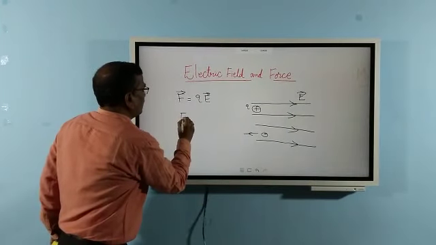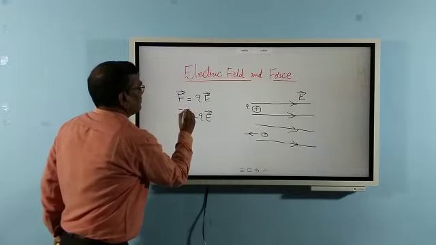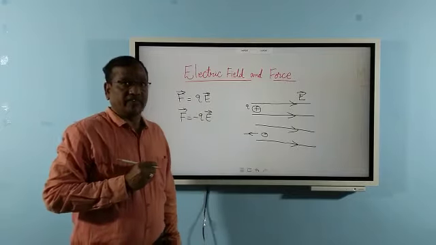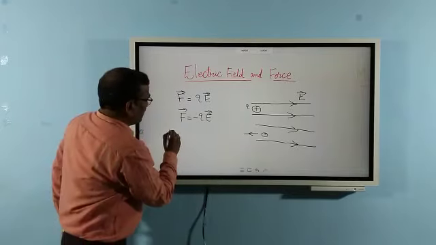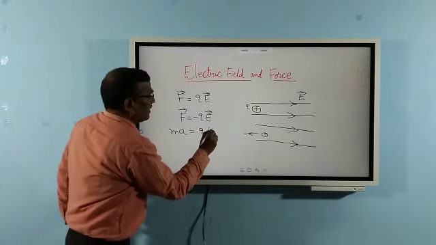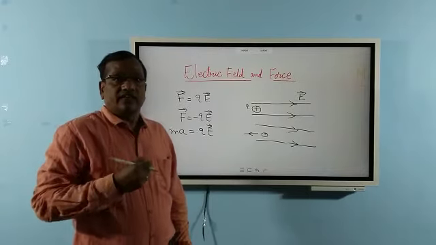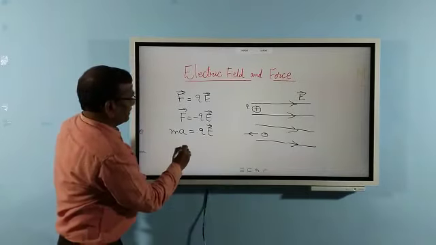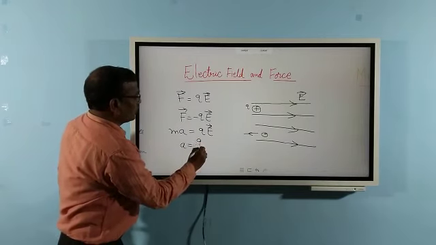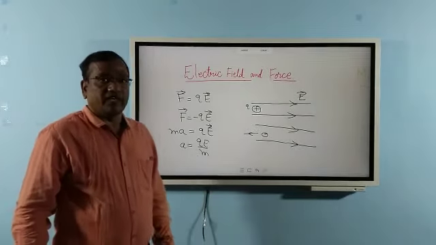Thereby that particle gets accelerated. According to Newton's second law, F equals ma, and the particle gets accelerated with an acceleration a equals QE by m. This is the acceleration of the charged particle.